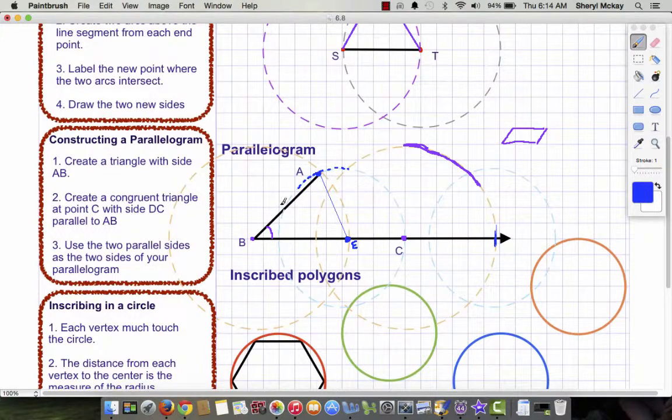Because this side right here and this side right here are equal to each other, aren't they? They're two equal sides, because they both have the same radius of this circle.